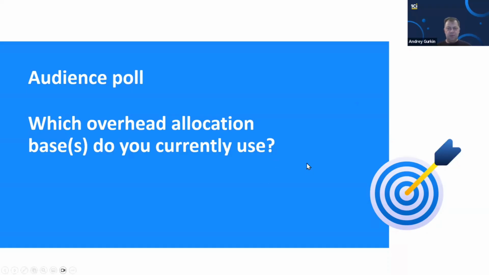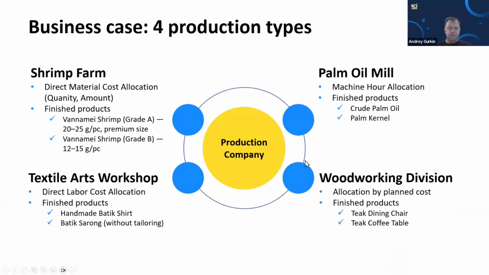Okay, let's go further. Today we will be discussing 4 different production types. You can see that we have this production company with 4 different departments. For each of them, we will be using different combinations.